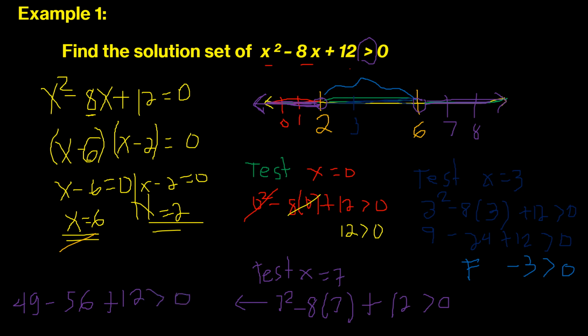But 49 minus 56 is negative 7, plus 12 is positive 5. So 5 is greater than 0, which is true. So we have a true here, we have false in the middle, and we have also a true on the left of 2.